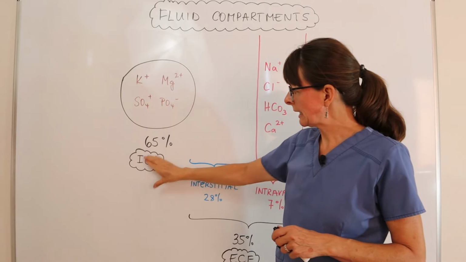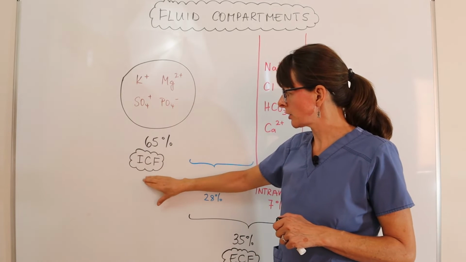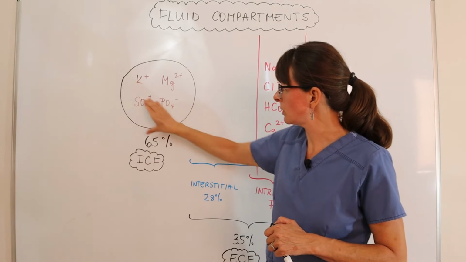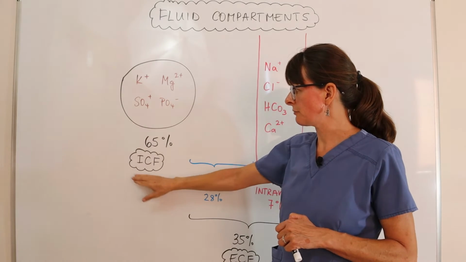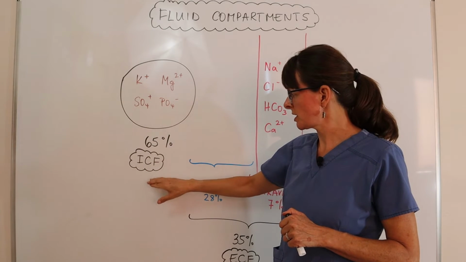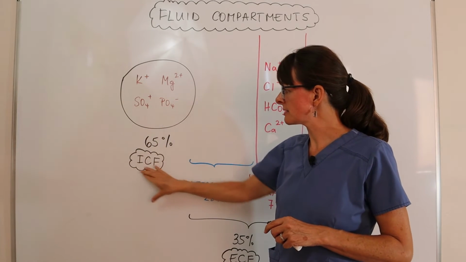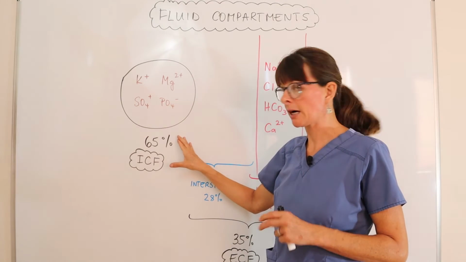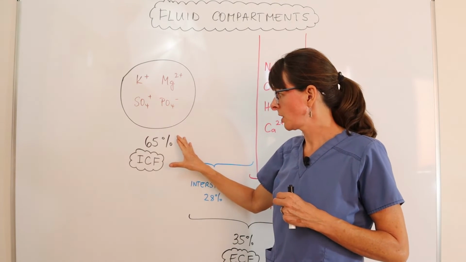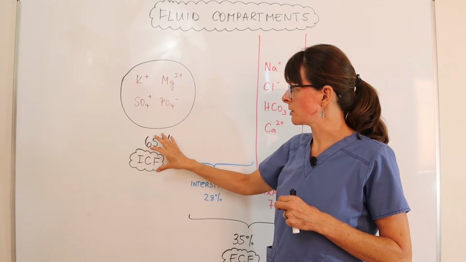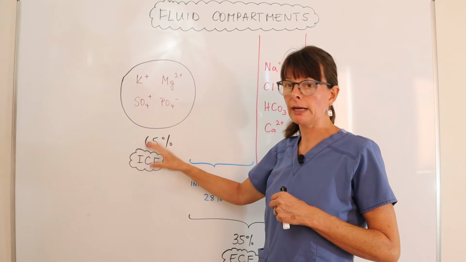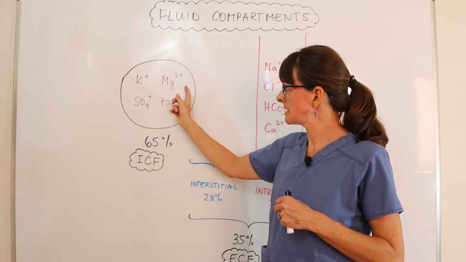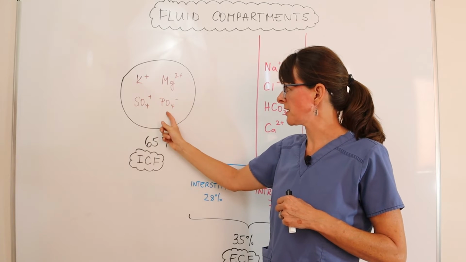So everything in the intracellular fluid contained within the cell is called ICF, or intracellular fluid space, and that's about 65% of the entire fluids of the body contained in the cells. Now within the cells we predominantly have the following electrolytes: potassium, magnesium, sulfate and phosphorus.